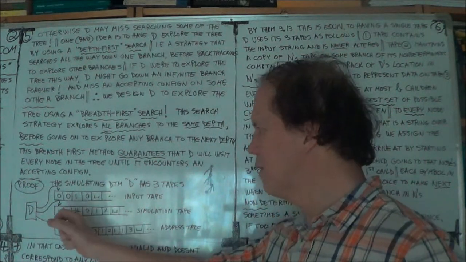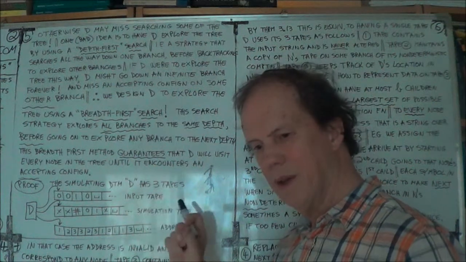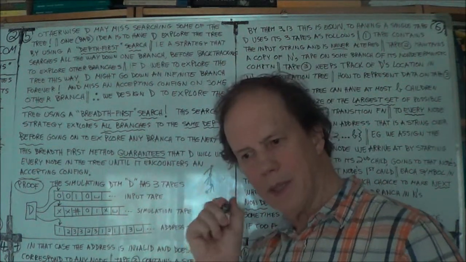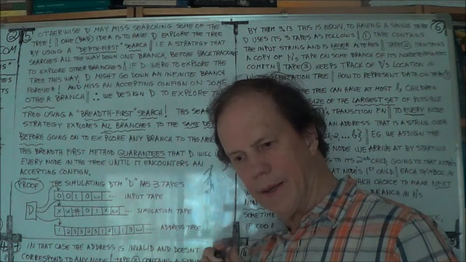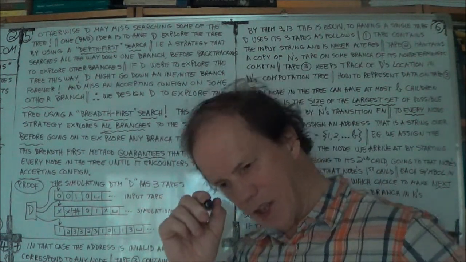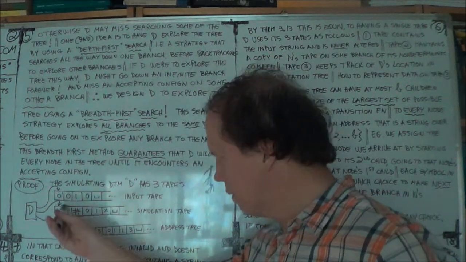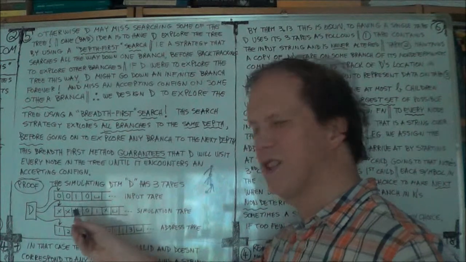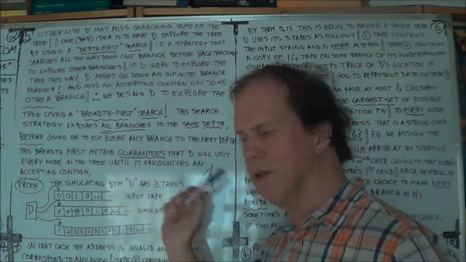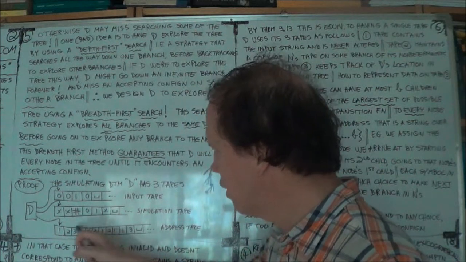So this is getting updated. It's the contents of the tape at a particular node in the tree, and as it goes down the branch, the contents of the tape will change because it's getting written on, overwritten, and so forth. And this is the address.